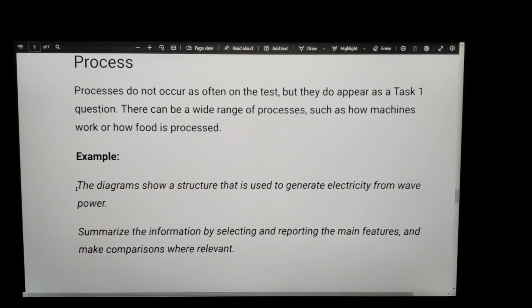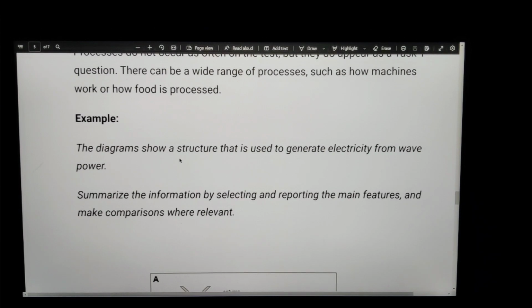For example, if it's given "the diagram shows", instead of phrases like that we can use phrases like "the picture represents" or "the picture depicts", or we can use "skeletal" instead of "structure". We'll have to make sure that we are not repeating the words which are given in the question.